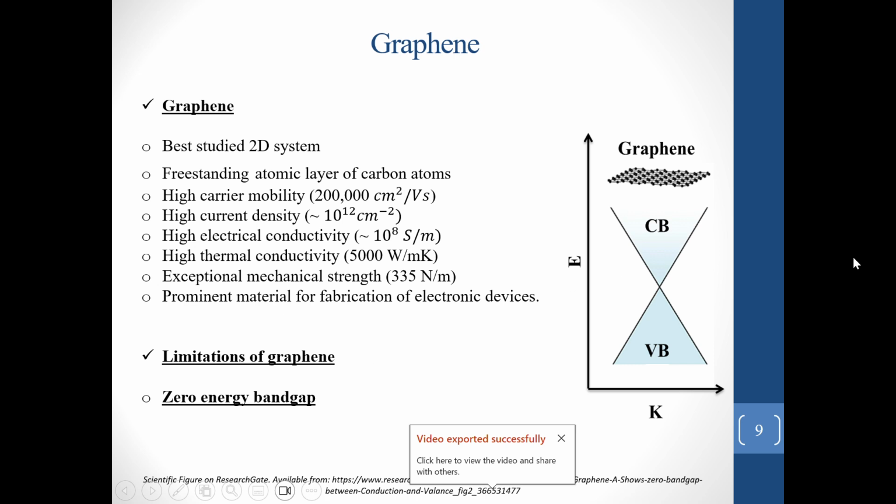So these are the properties of graphene specifically. But why are we not using graphene? We are using MoS2. So there are some limitations of graphene.